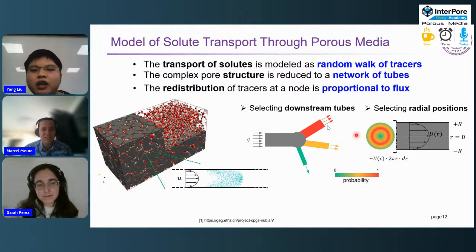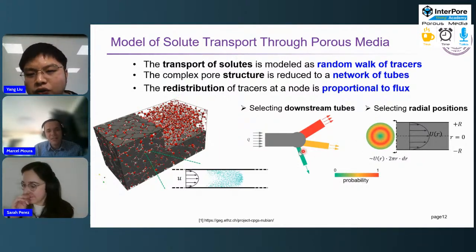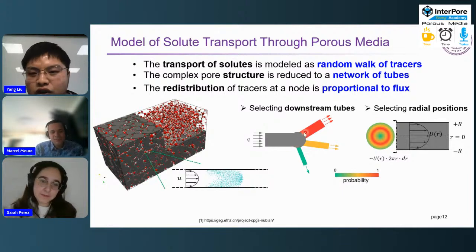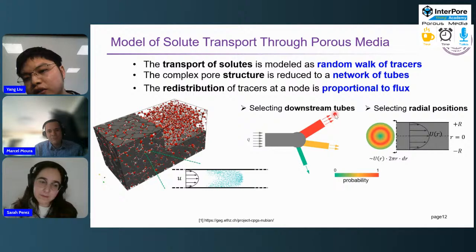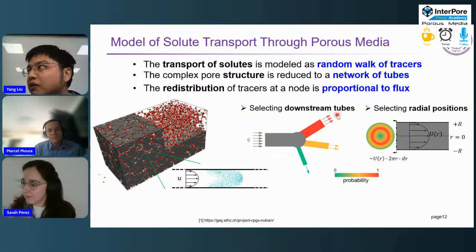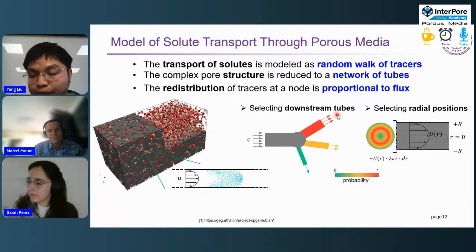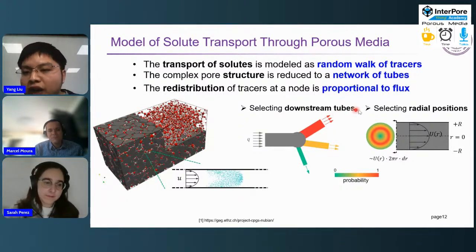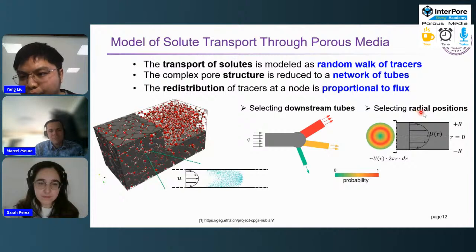Here we assume that when a particle enters a node like this, it will select the downstream tubes according to the flow rate. For example, here we have 3 unit flow rates, and 2 and 1, so it will choose this tube with the highest probability. And when a tracer enters a tube, it will select the radial position with a probability proportional to the flux.